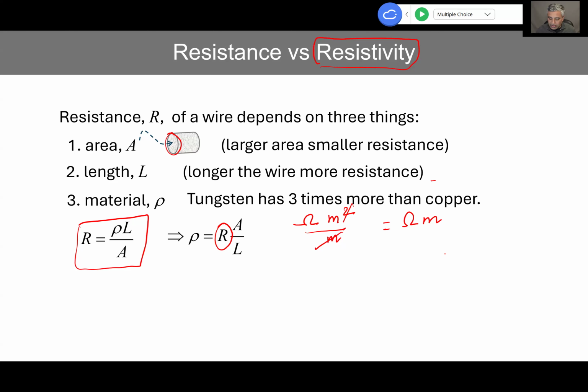Sometimes it may also be written in terms of ohm millimeter, same idea. Here we are measuring area, length and diameter all in millimeters. Sometimes you may see it written like this, but this is the standard SI unit.